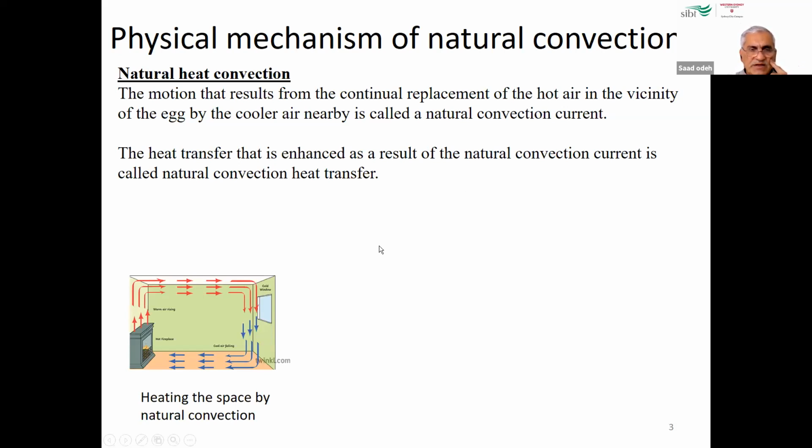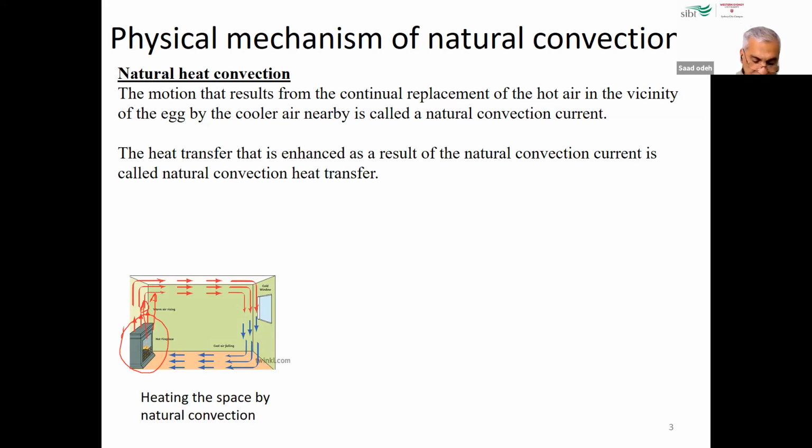In this figure here, we have a heater or fireplace, and this fireplace heats the air inside it. What's going to happen is the hot air will rise up because of its lower density, and because of this movement of the air, it will be replaced by cold air.